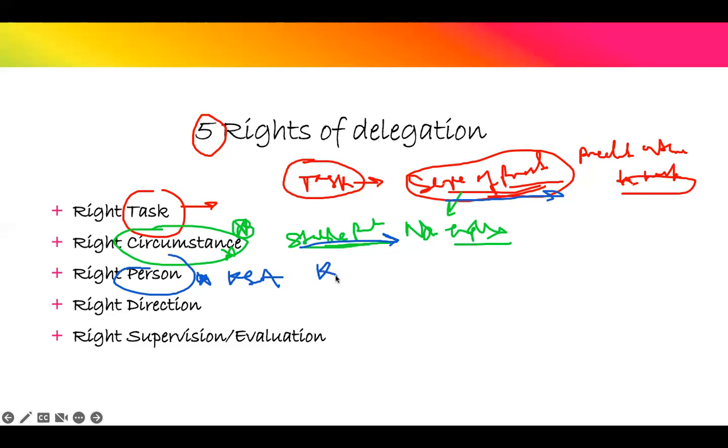KSA: knowledge, skills, ability. The UAP or the LPN may have the scope of practice because of the school they went to, and the circumstance may be appropriate, but they may not have the knowledge.